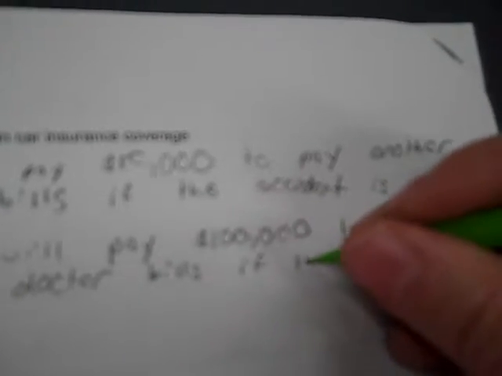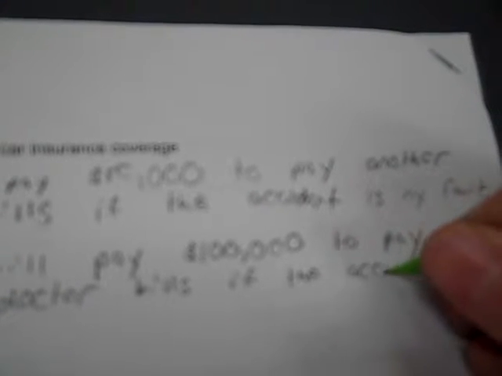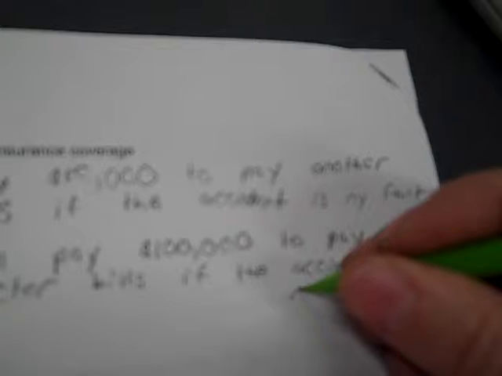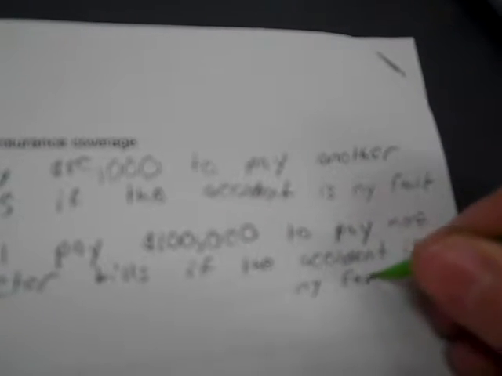That means I don't have to pay it, the insurance company will, if the accident is my fault. Okay. My insurance will pay $100,000 to pay more than one person's doctor bills if the accident's my fault.